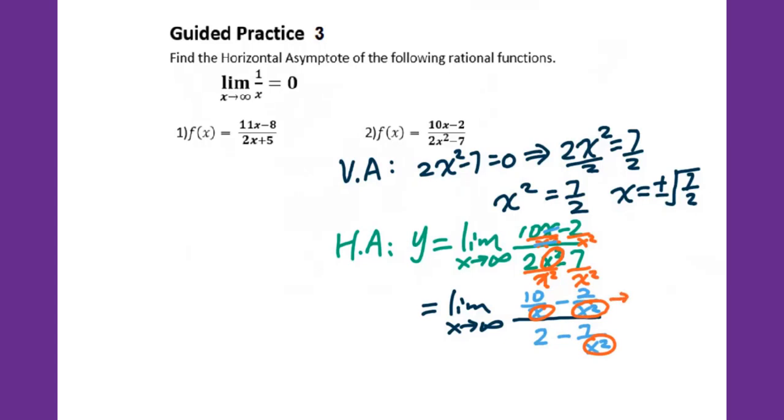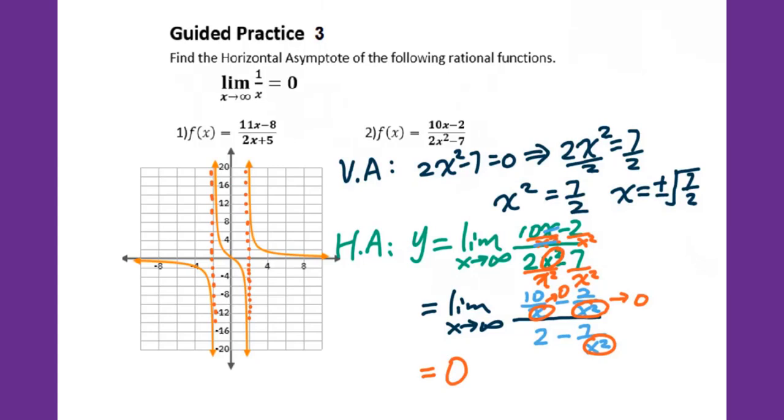So 0 minus 0 is 0. When the numerator is 0, you will get 0 because 0 divided by any number is 0. Now here's the graph. You could see the horizontal asymptote line is y equals 0. That is the x-axis. When x tends to positive or negative infinity, the graph gets closer and closer to the x-axis.